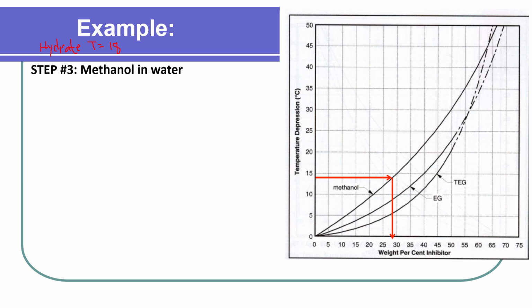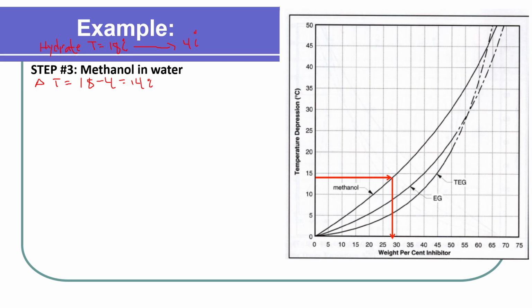But you are shipping the gas to a location where the temperature is only 4 degrees Celsius, which is below 18. So delta T will be equal to 18 minus 4, which is 14 degrees Celsius. This is the depression in temperature that should result from the addition of methanol.